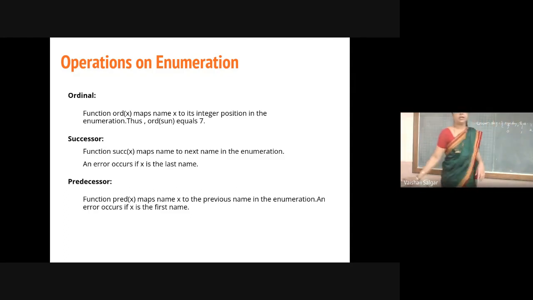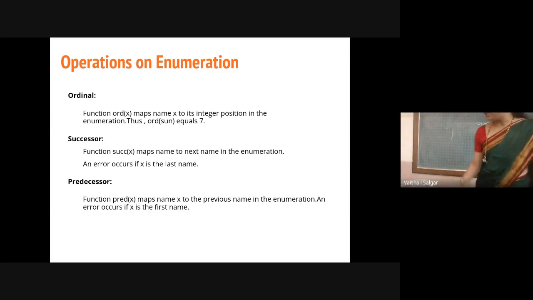So here, when I say ordinal of, suppose I am specifying Wednesday, my x is nothing but the value which I want to check in the enum. So with ordinal of x, this Wednesday will be mapped in your enumeration list and it will return the index of this. What will be the value of this particular example? It will return for Monday 0, Tuesday 1, and for Wednesday the value is 2. So it will return the value 2.